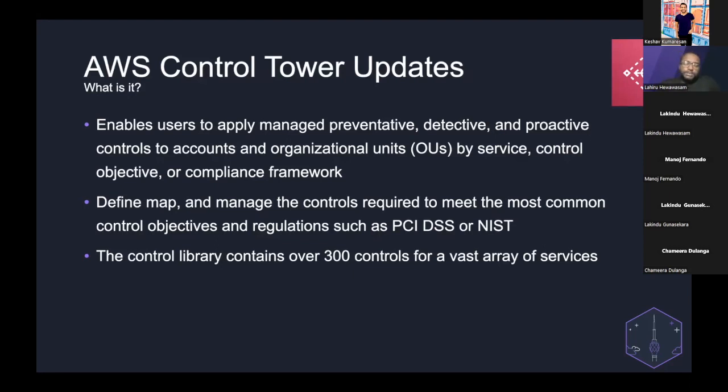Now, Control Tower has been there for a long time. This time, Amazon has a couple of updates to it. These updates include the ability to enable users to apply controls according to organizational units, by service, control objectives, and compliance framework.